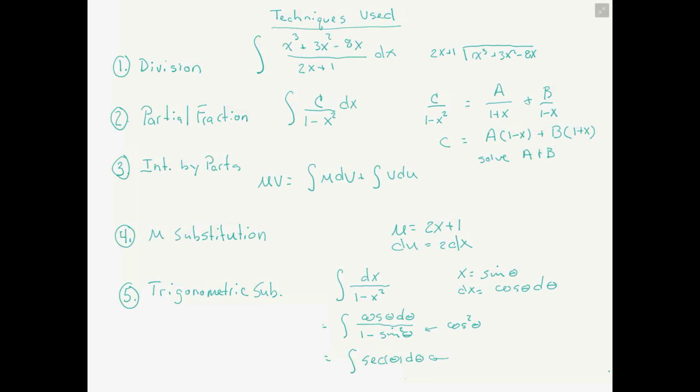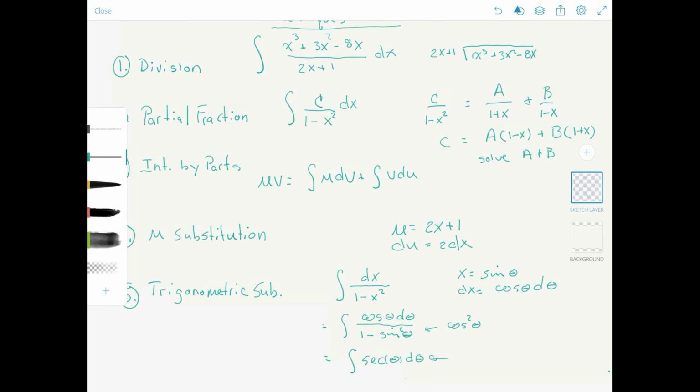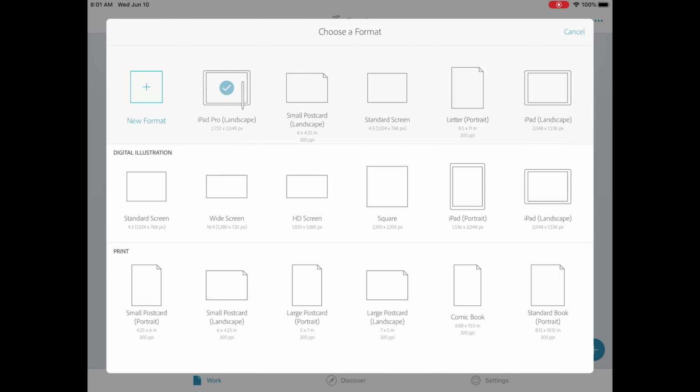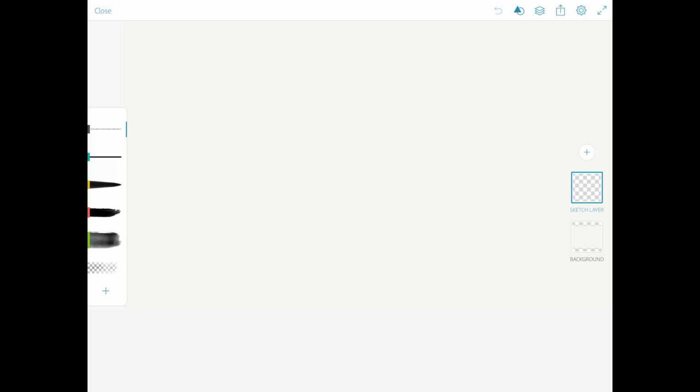So we're going to use all of these techniques in the following couple hundred integrals. We're going to just solve tons and tons of integrals, and we'll use these techniques. So let's get started.